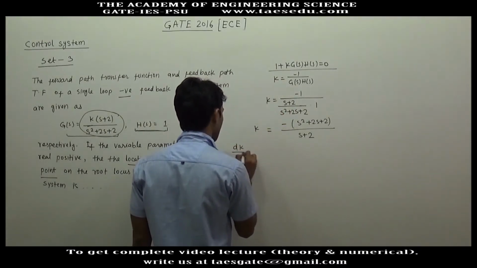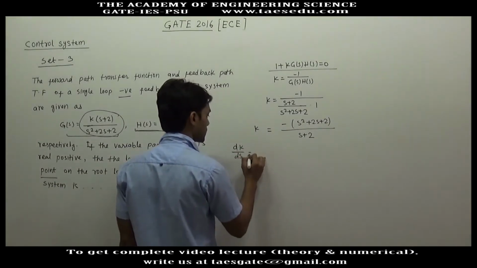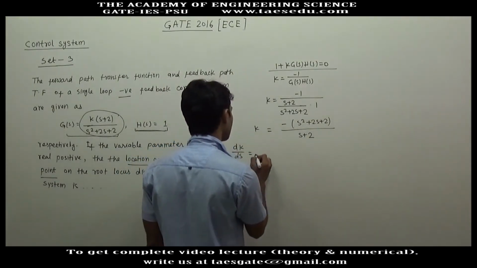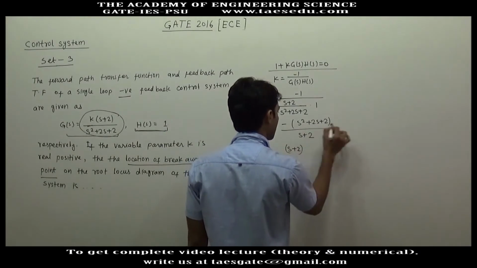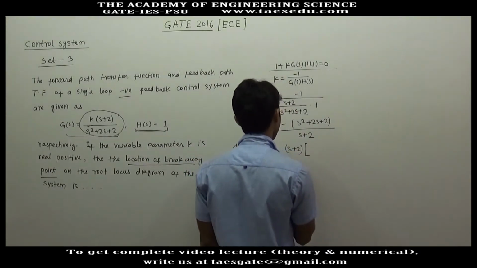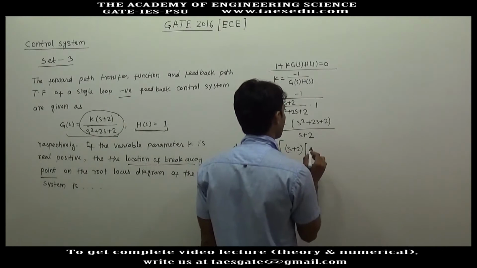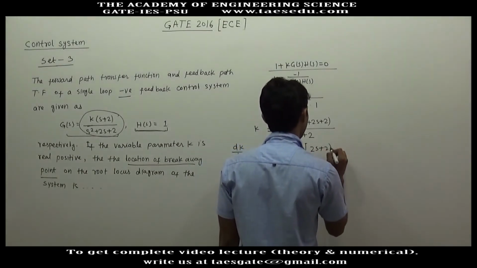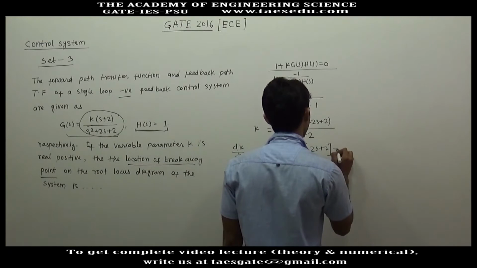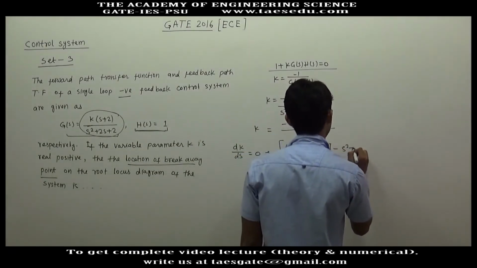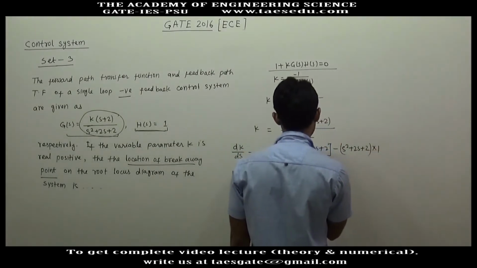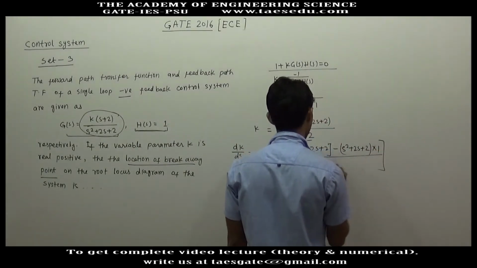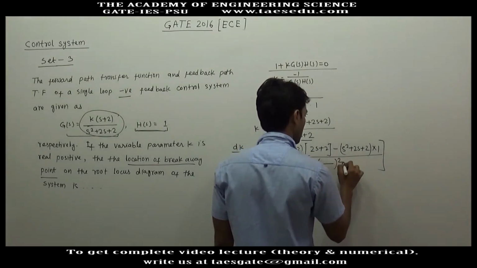So dk by ds, we will first equate dk by ds to 0. It means (s plus 2) into differentiation of this, taking minus out, 2s plus 2, minus (s square plus 2s plus 2) into differentiation of denominator 1, and whatever denominator is, denominator square will be 0.